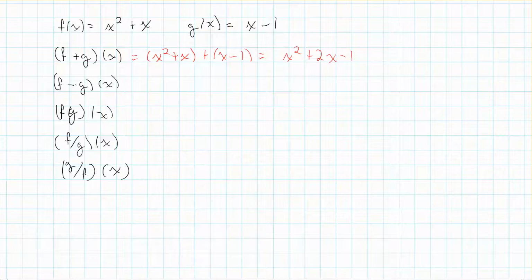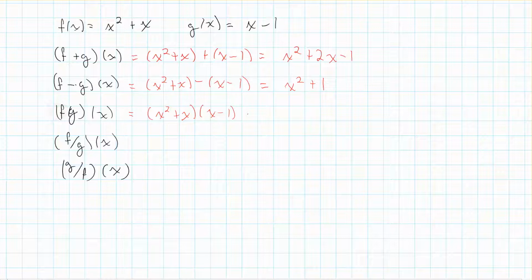So we had f plus g, which again was just simply combining like terms. Now if we do f minus g, it's going to be the same idea, except it's x squared plus x minus x minus 1. And then making sure to distribute that negative, you would get x squared plus 1, because you'd have x minus x, and then a negative negative 1, which is positive 1. And then f times g would just simply be x squared plus x times x minus 1.